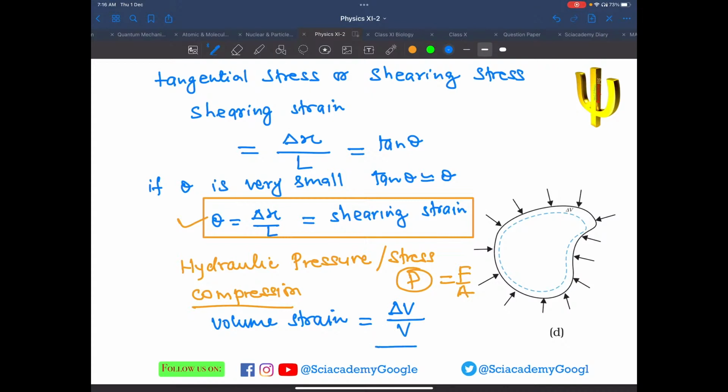And again, it has no unit or dimension. It is a dimensionless quantity. So strain is always a dimensionless quantity. Friends, I hope that you are able to understand this lecture. If you have any doubts or problems, do let us know.